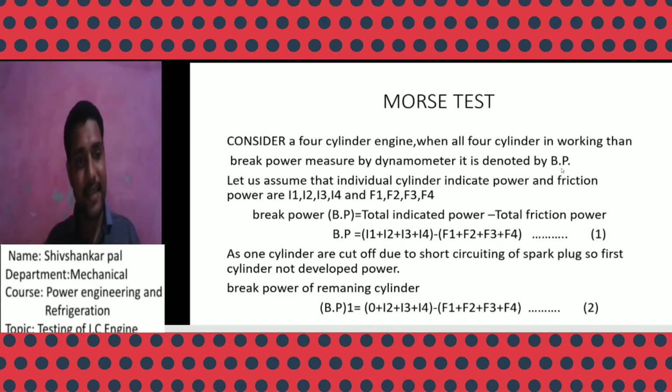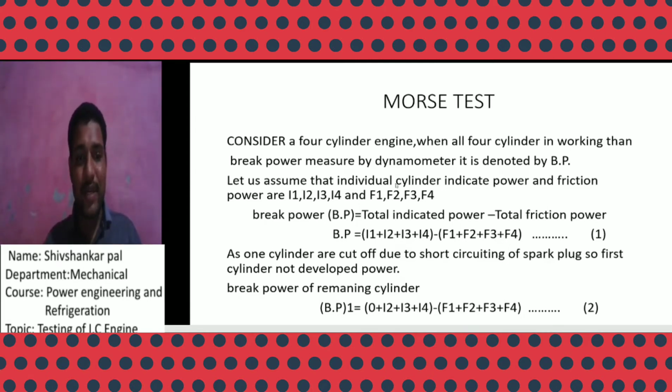The dynamometer's result is the output power generated by the whole set of cylinders. That power is the brake power.